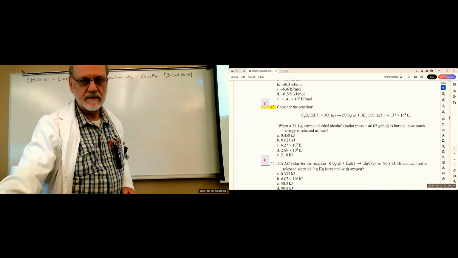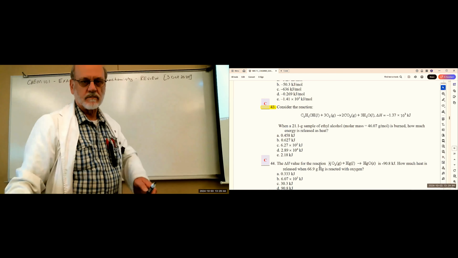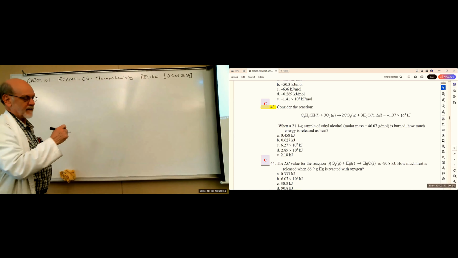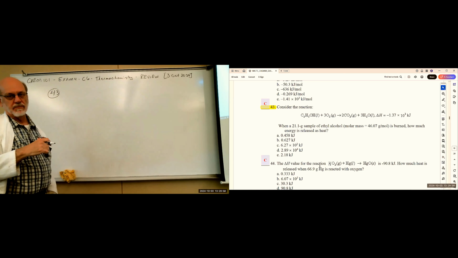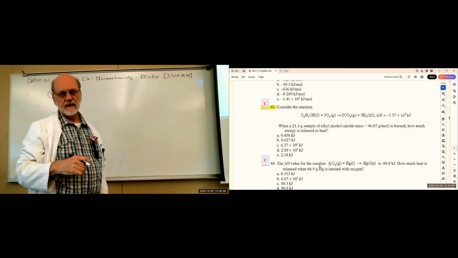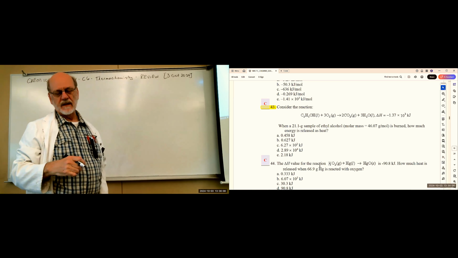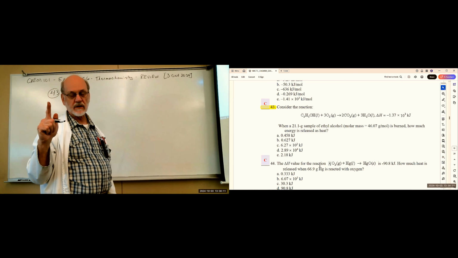All right. Oh, we got another. Okay, so we got this equation, number 3, where we're burning ethanol again. And if we burn 1 mole of ethanol, then we get 1,370 kilojoules.